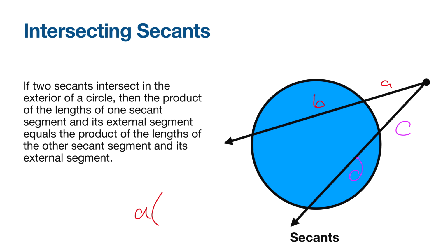Now the whole segment is not B. It's going to be A plus B. So A times A plus B is going to equal C times C plus D. So that's the idea here.